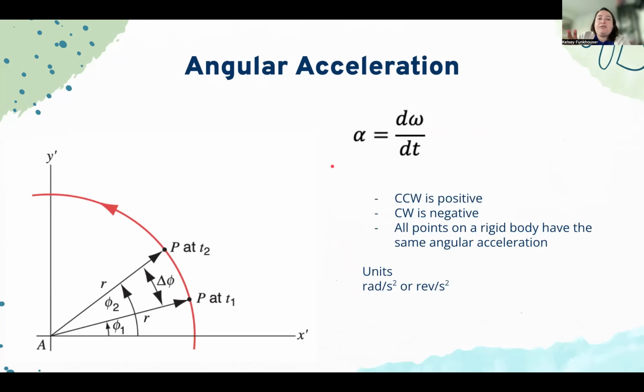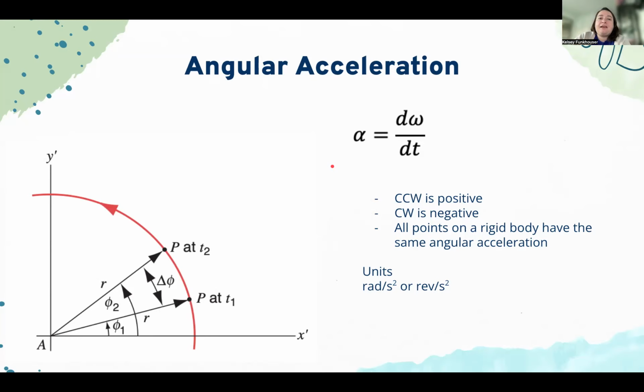So just like for angular velocity, counterclockwise acceleration is positive and clockwise acceleration is negative. And this also works just like linear acceleration, where if the rotation is slowing down, then the angular acceleration is in the opposite direction as the angular velocity.